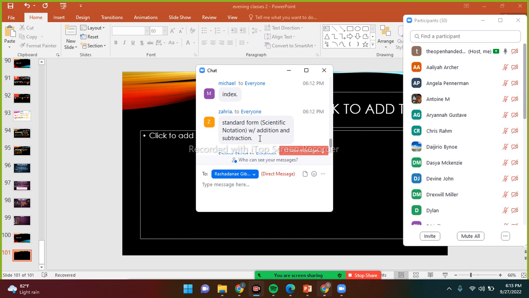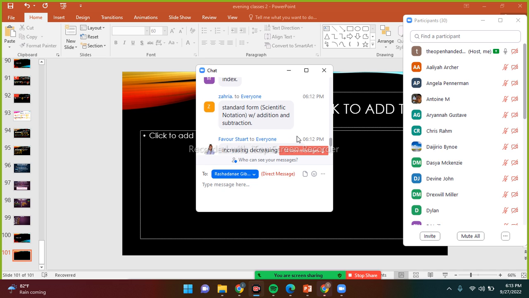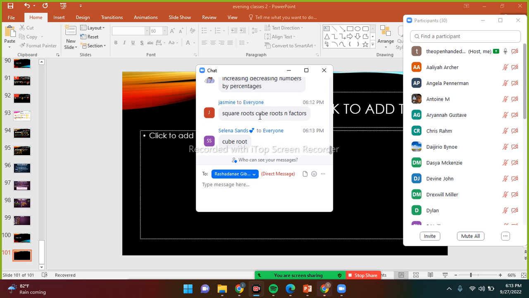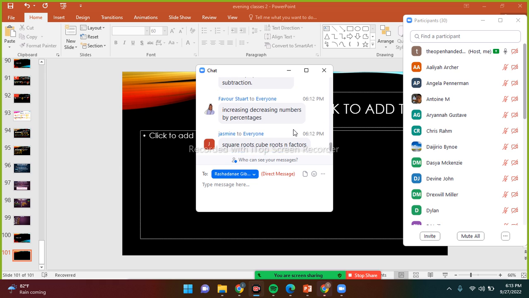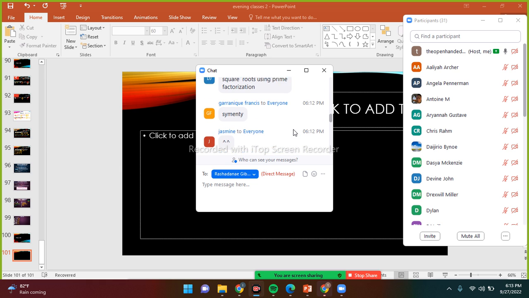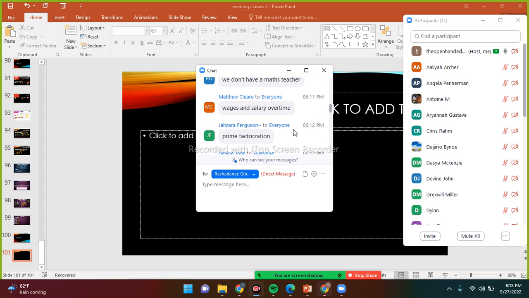Standard form, scientific notation with addition and subtraction, factors, cube roots. Okay, good. I like what they're teaching y'all. Y'all on a good, solid footing. It shouldn't be hard stuff.